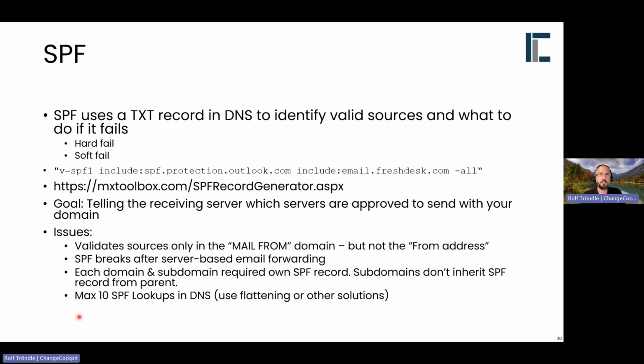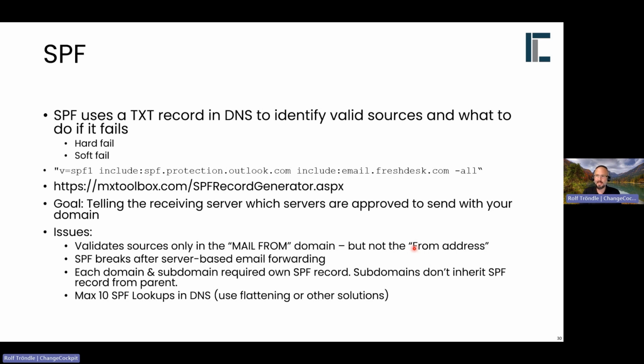And there are still issues. It validates the sources only in the mail from domain, but not in the from address. So during the SMTP conversation, you could use mail from with a valid domain, which is specified for your domain, but then you could also specify a different from address.